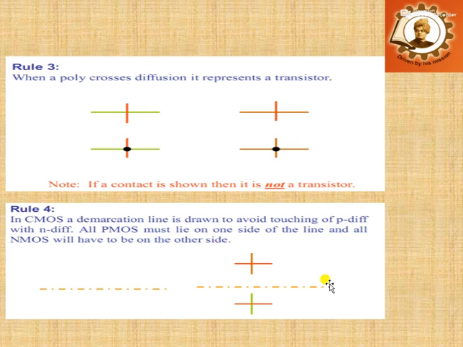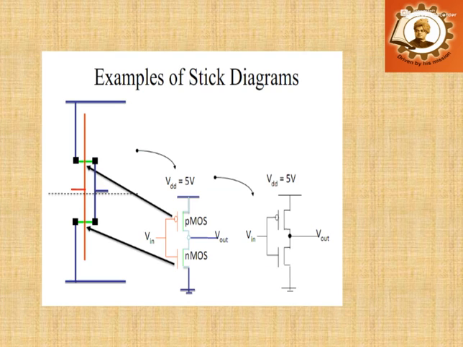So let us take an example of a stick diagram for a simple inverter. The inverter consists of a PMOS and NMOS in series, and both the gates are short circuited to V input, and the output we are getting from the connection of PMOS and NMOS. VDD is 5 volt.